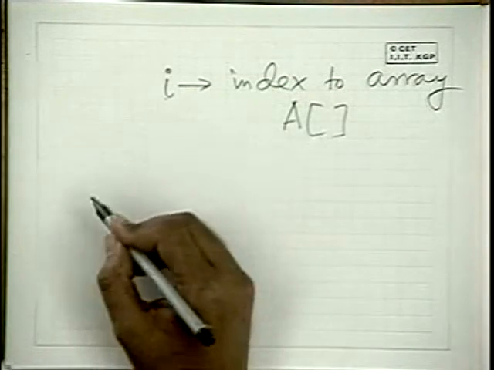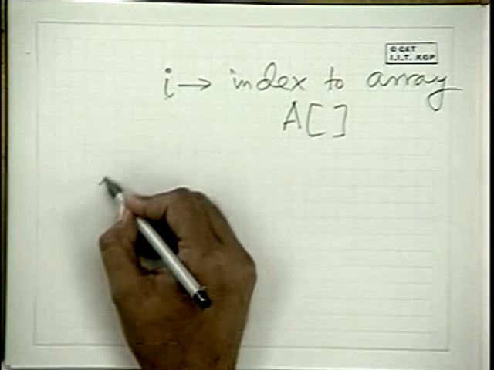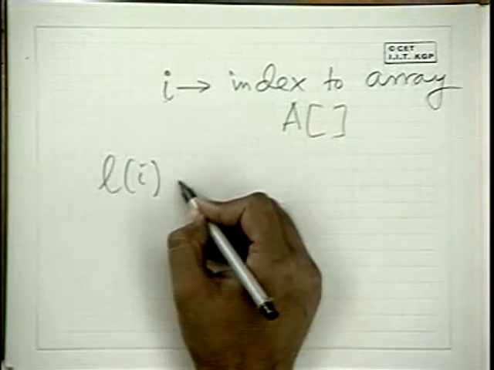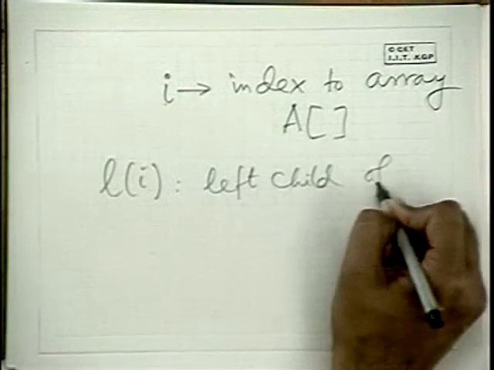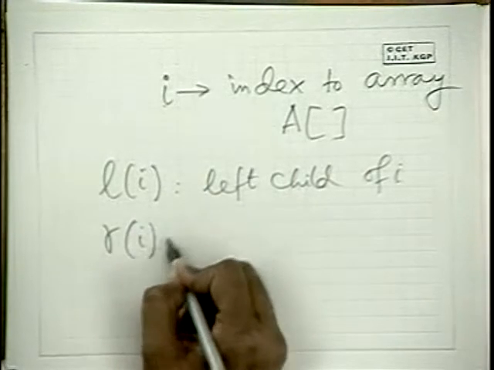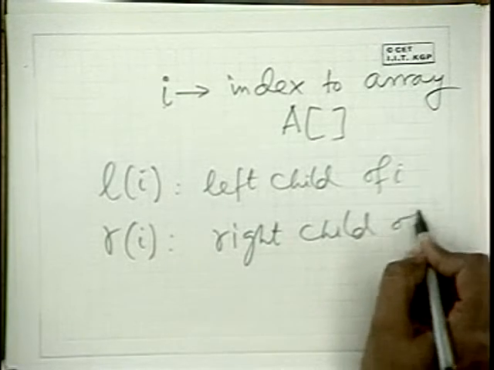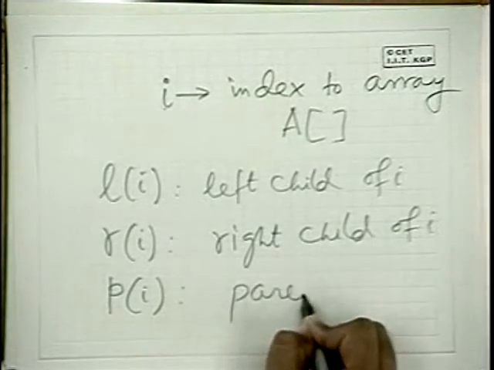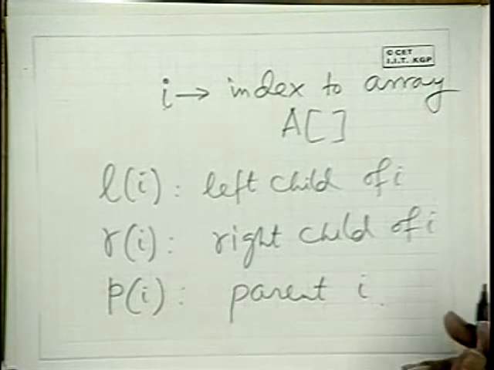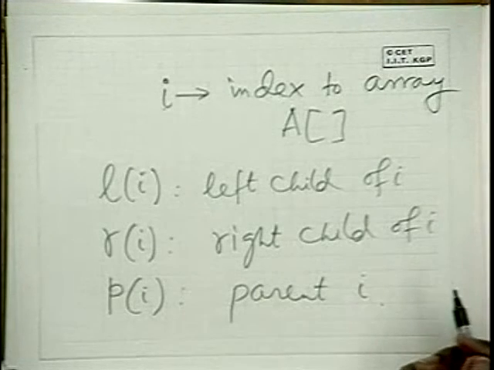Suppose a node has been mapped to the index i, its children: Li is the left child of i, Ri is the right child of i, and Pi is the parent of i. I don't have to explain what these mean, because you already know what the left child, right child of a node in a binary tree are, and what the parent of a node is.